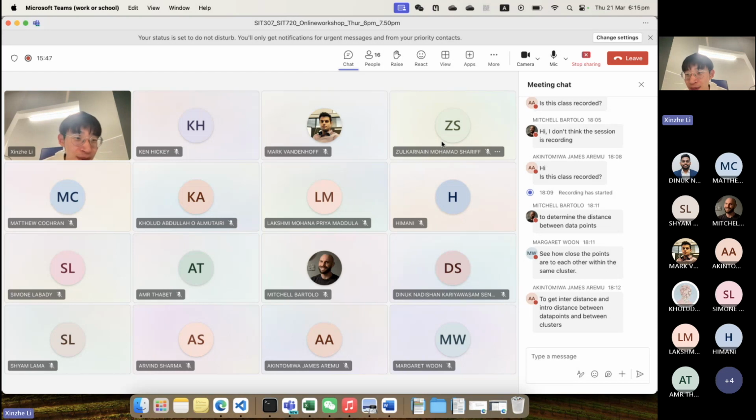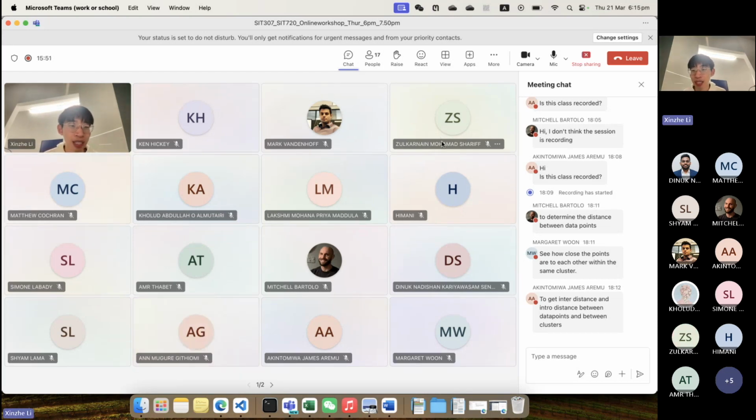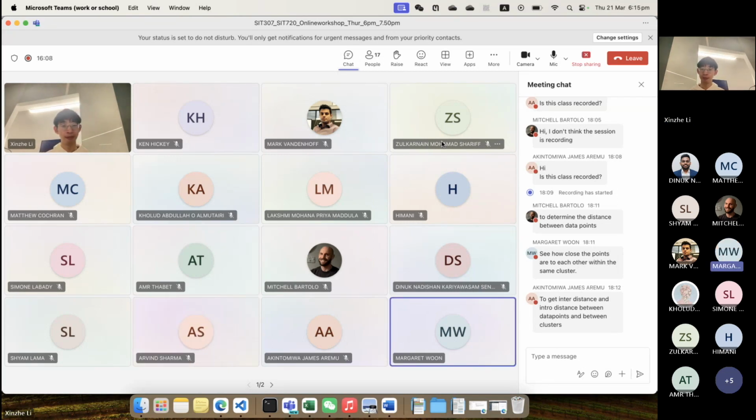See how close the points are to each other within the same cluster. Oh, that's really great. Margaret, why do we need to see that? Is it for modeling, or for evaluation, or for any other things you think about? I think for both, in my opinion, because clustering is like grouping, right? Subgrouping.